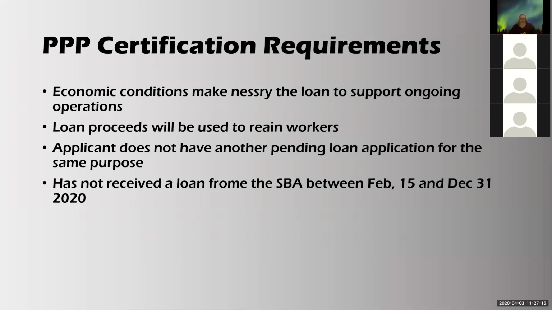You can only do one. And you have not received a loan from the SBA between February 15th and December 31st. So if you have any SBA loans already in progress, you have to make sure you stop those if you want to use one of these.